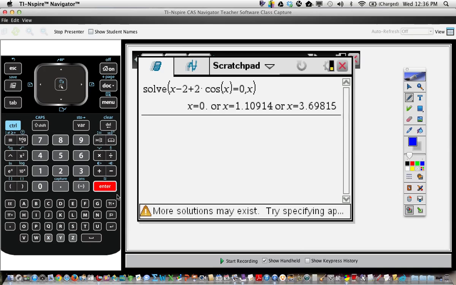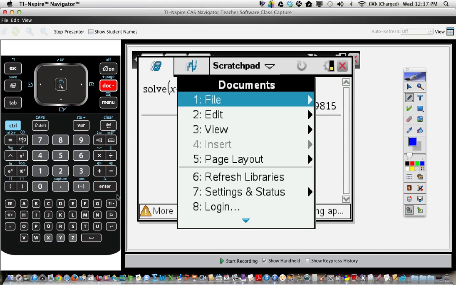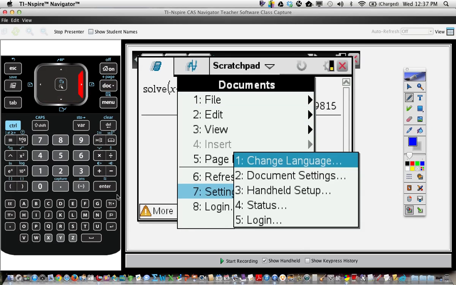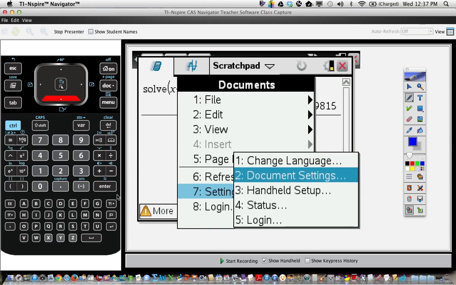And look at that. Now, are some of you getting more decimal places than that? Yeah. You're only getting 6. Go to, I thought we had set this the other day, but maybe not. Go to Doc and Settings and Document Settings.